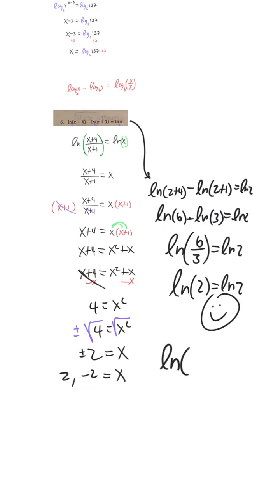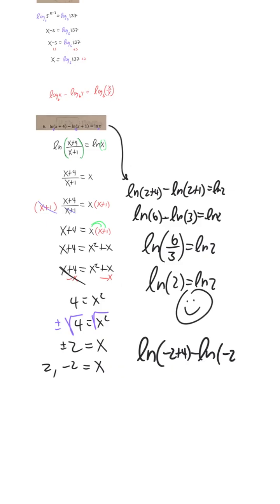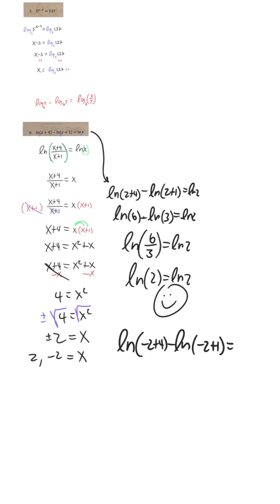Now let's put to the test this one, negative 2, by plugging it in. So we have ln of negative 2 plus 4, minus ln of negative 2 plus 1, and setting that equal to ln of negative 2.